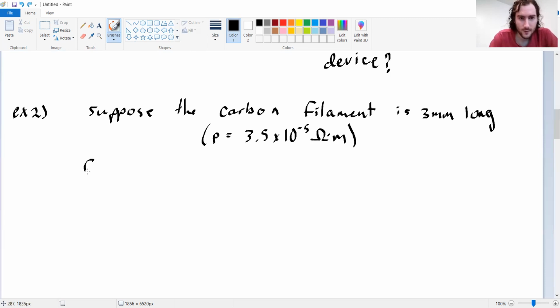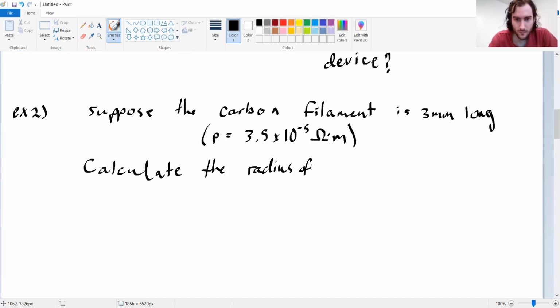Let's say, calculate the, well, let's do radius. Calculate the radius of the filament.